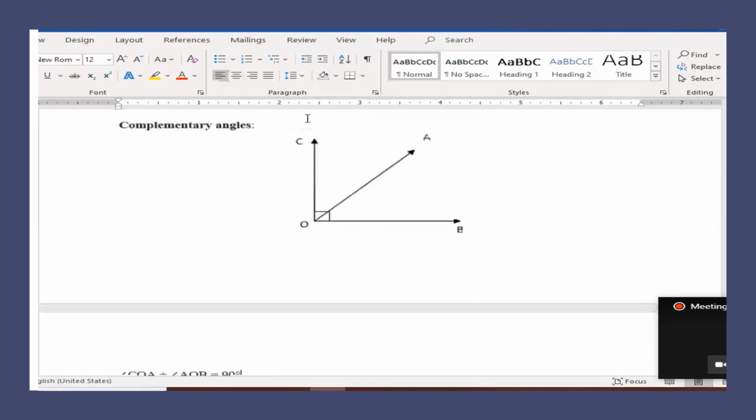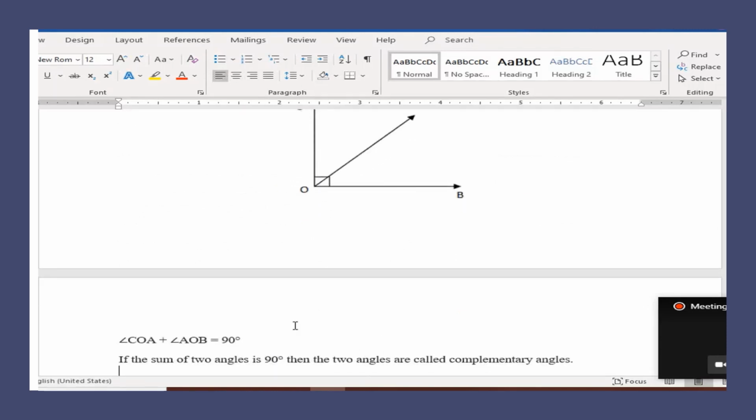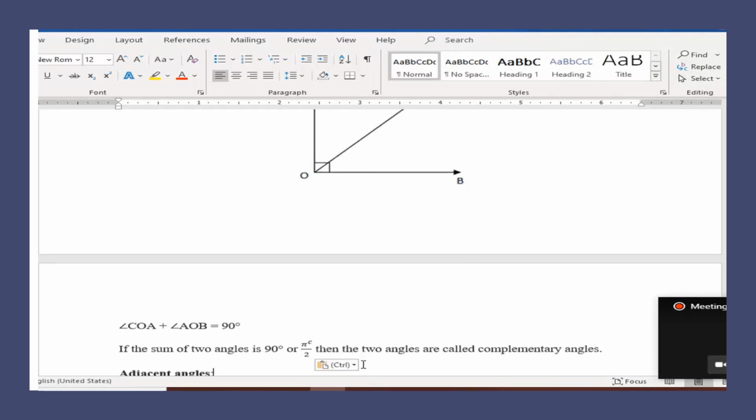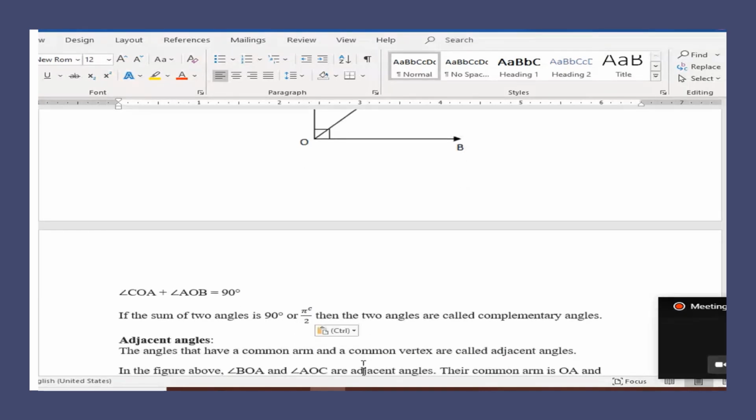You guys are already in second form, which means that you're closer to third form, where we only use radians because of trigonometry. We need to know all your values in radian. So if the sum of the two angles is 90 degrees or pi over 2 radian, then the two angles are called complementary angles. Okay?